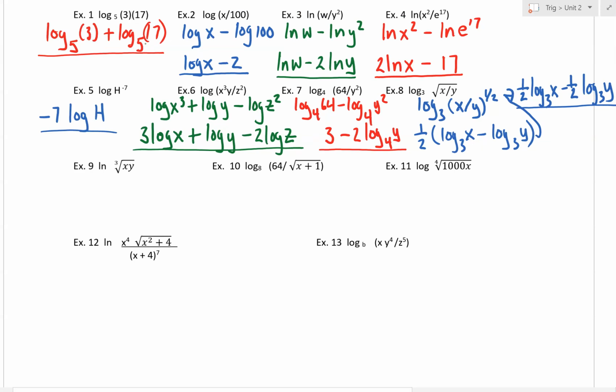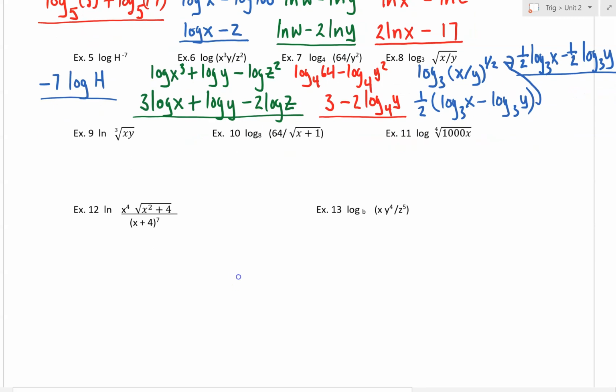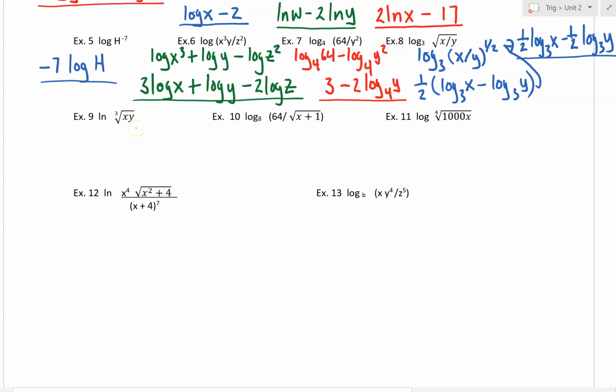This next one, basically the same idea here. Natural log of the cube root of x times y. So x times y tells me there's going to be a plus. And then I need to rewrite the cube root as an exponent of 1/3. So this one is going to say the natural log of x times y to the 1/3. Bring the 1/3 out to the front.